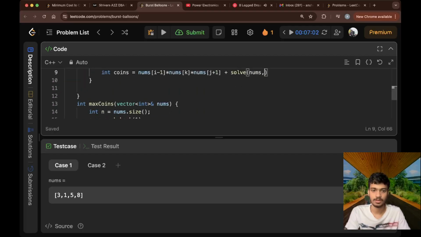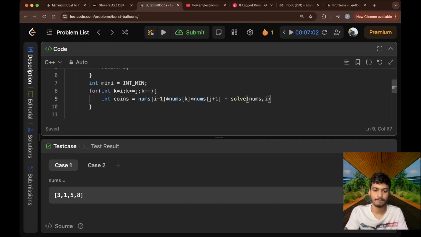nums, i to k minus 1, and solve for nums, i will be k plus 1 and j is there. Then, oh wait, mini is max of coins and mini.